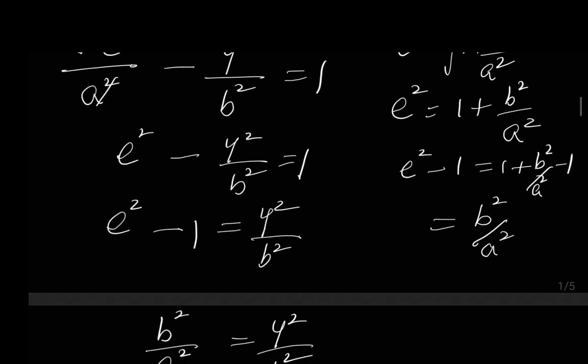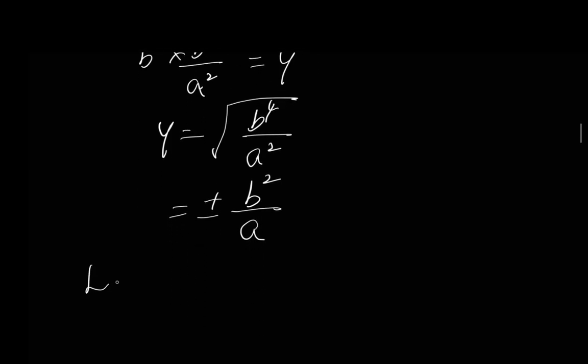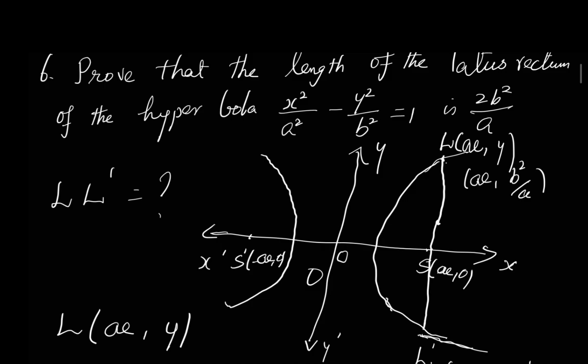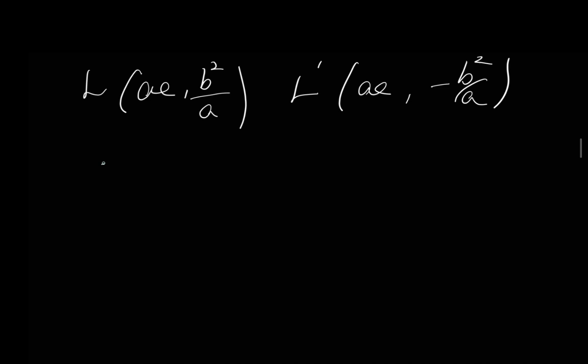So take these two coordinates. L is ae, b square by a, and L dash is ae, minus b square by a. So what is the question here? You have to find the length of the segment L L dash. That is the distance between these 2 points.